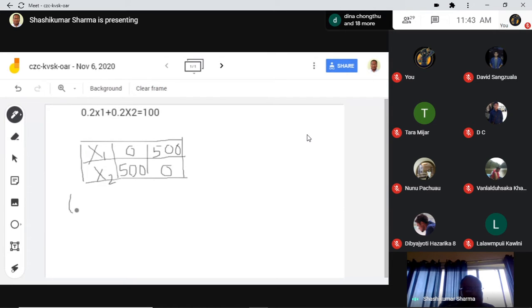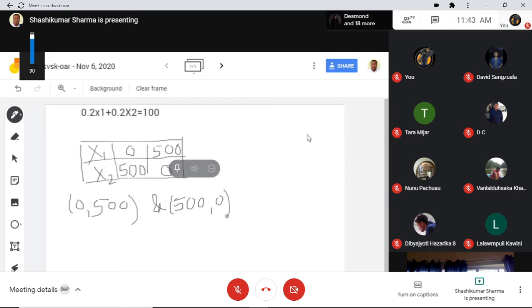The coordinates are 0, comma 500, and you have another one which is 500 and 0.